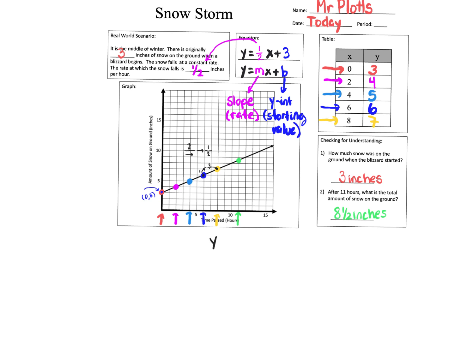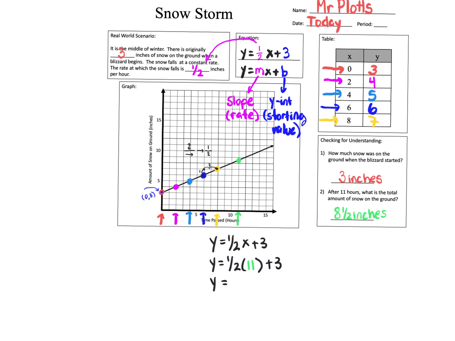So if I start off with the formula y equals 1/2 x plus 3, which we built up top, and I drop in the 11 from the problem, that means after 11 hours, how much snow y is on the ground, in inches.